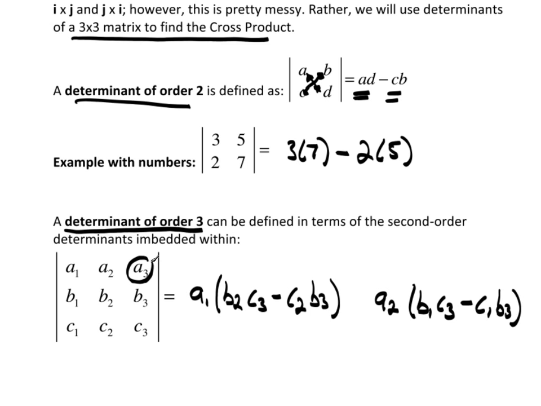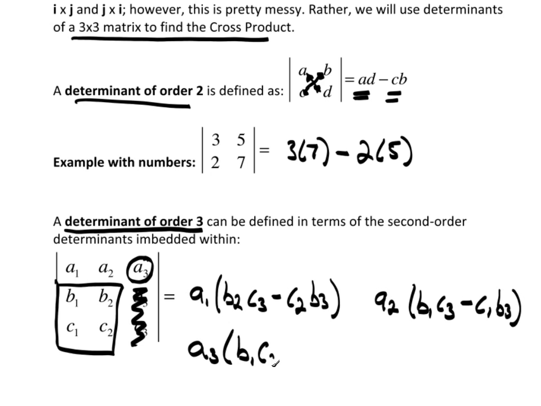I'm going to key off the value in A3, which means I'm going to pretend like this doesn't exist, and I have this new 2x2 matrix. So I'll have A3 multiplied by B1 times C2. Whoops, that's supposed to be a B. See, B1 times C2 minus C1 times B2.